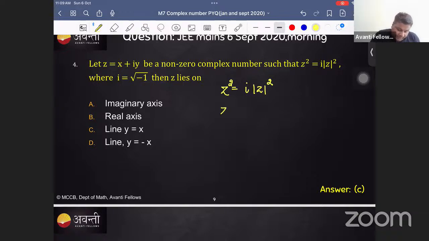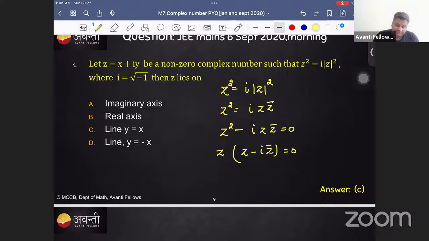Now we can say that this mod z square is z z bar. Yes or no? So z square minus iota times z z bar is equal to 0. If you take z common, you get z times (z minus iota z bar) is equal to 0.